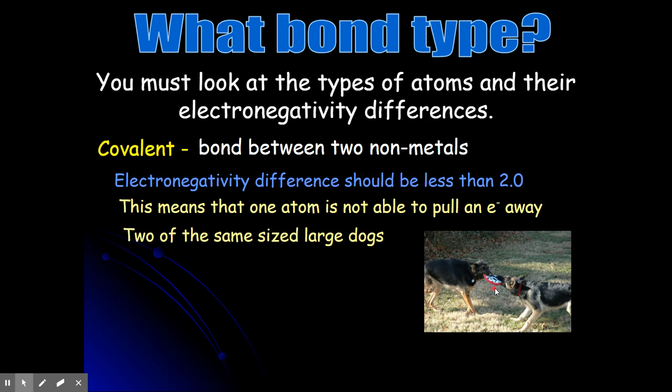One might get it for a little bit, but then the other one's going to get it back, and they're going to play tug of war as long as they both want that toy. That's kind of what happens with electrons. It's in that tug of war between the 2 atoms. And because neither atom is significantly stronger than the other, i.e. more electronegative, they end up both saying that electron is mine.